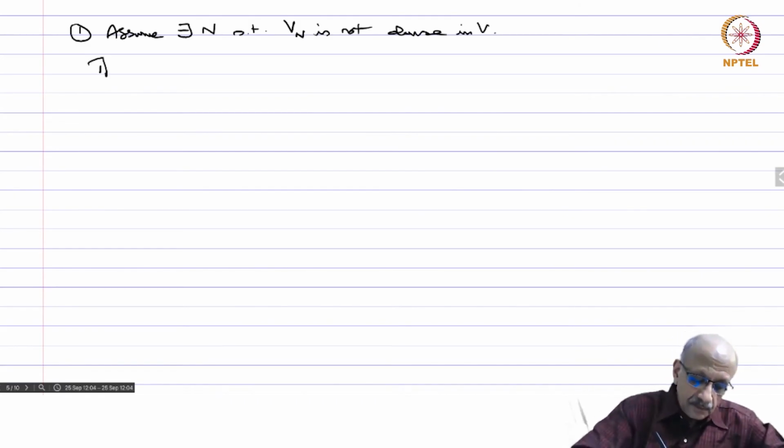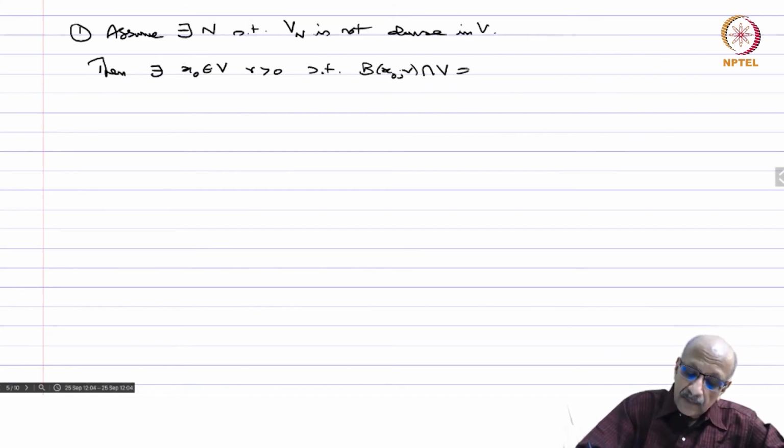Then there exists x naught in V and an R positive such that the ball B(x naught, R) intersection Vn is empty. It won't intersect.